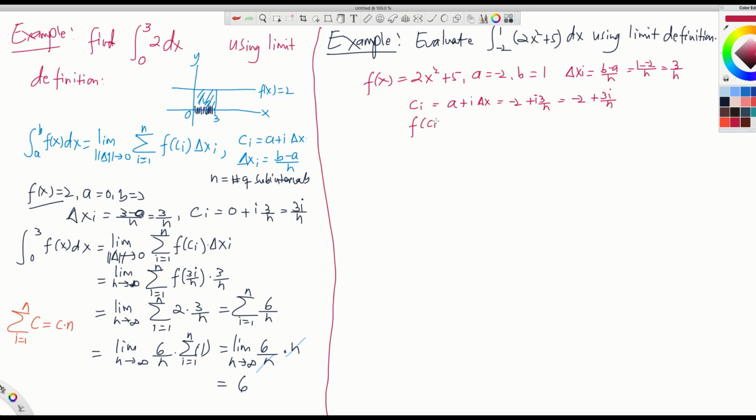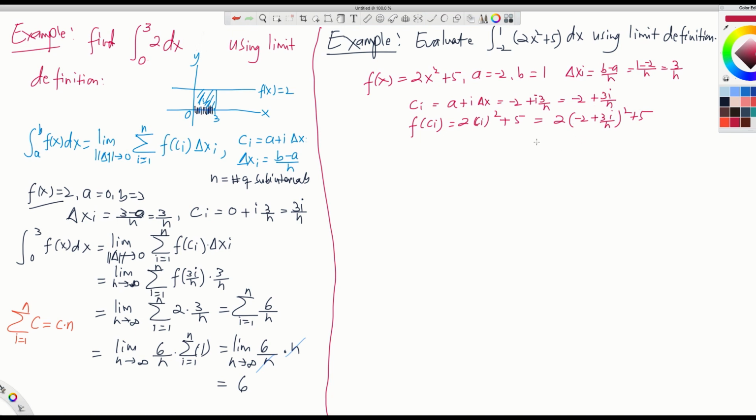You just replace x by ci, so it is 2ci squared plus 5. Ci is negative 2 plus 3i over n, so it will be 2 times (negative 2 plus 3i over n) squared plus 5. This is ci squared.